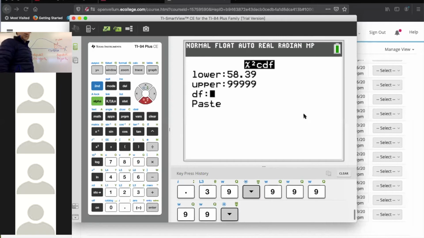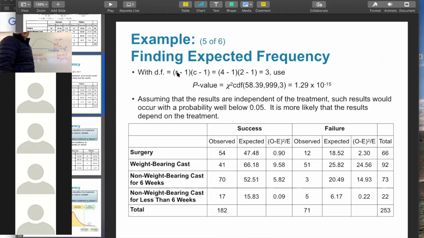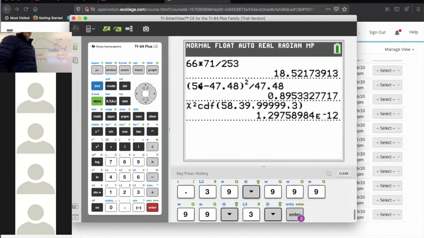And then the degrees of freedom, you've got to remember this formula here: the number of rows minus 1, the number of columns minus 1. In our example, the degrees of freedom is 3. And that's our p-value.